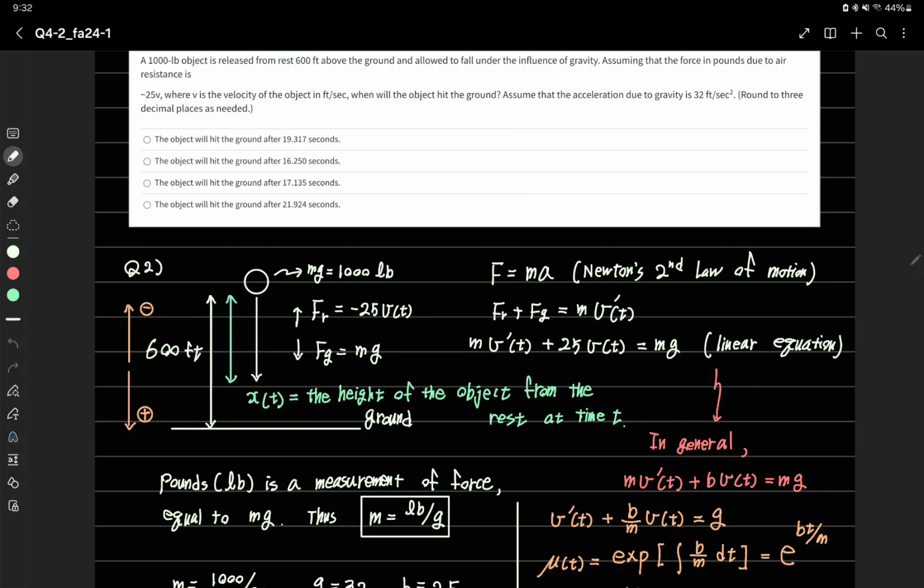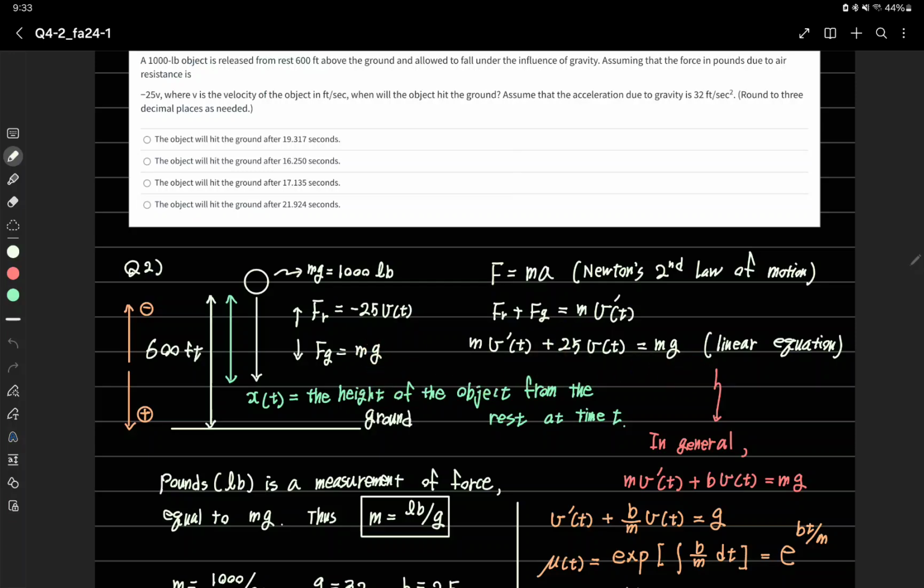So we put them in here, and we got ma. Excuse me, this should be: put negative 25v in here, and then substitute mg for F sub g. We're going to get this.